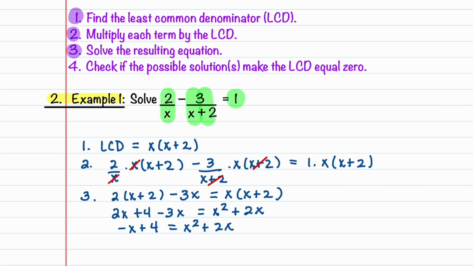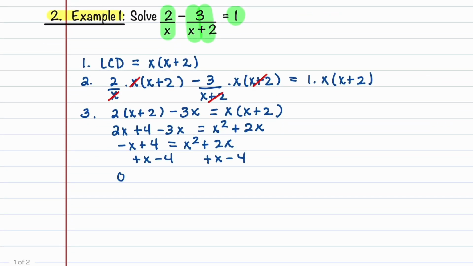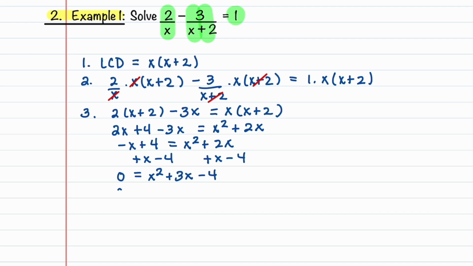Now let's pull everything to the right-hand side. So let's write this as plus x minus 4, and then plus x minus 4. On the left, we get 0, and on the right-hand side, we have x squared plus 3x minus 4. On the left, we have a 0, and on the right, we have a quadratic equation, which we can factor.